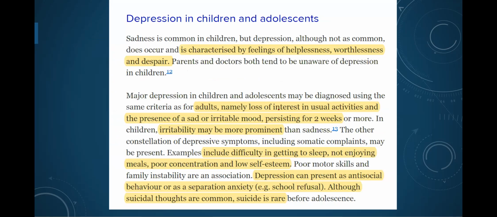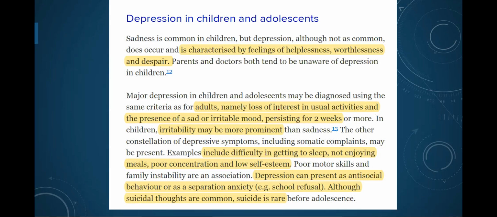Now, depression in children and adolescents is also a very commonly asked question. The main difference between depression in adults and adolescents is that in children or adolescents, depression is not characterized by low mood. Rather, it's more towards irritability, agitation, and restlessness.